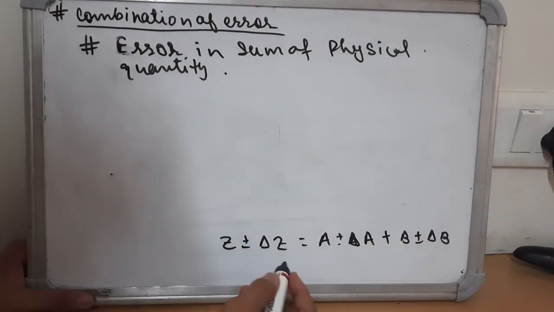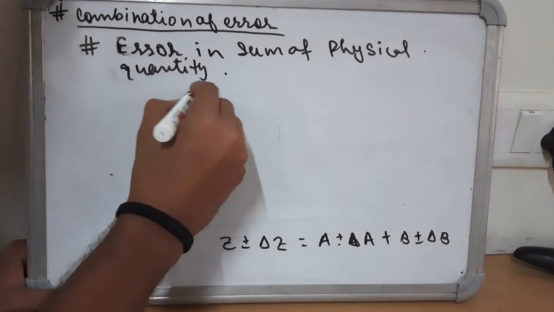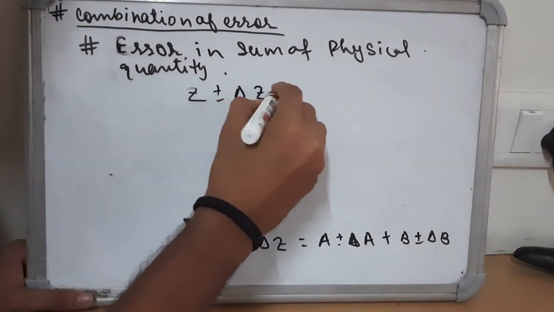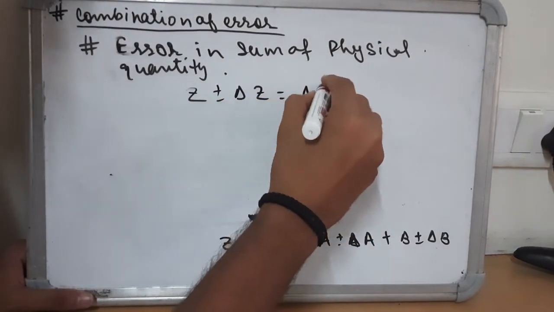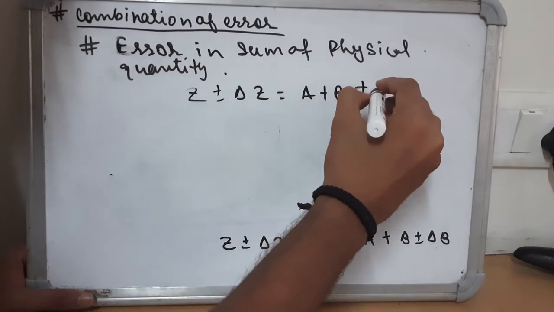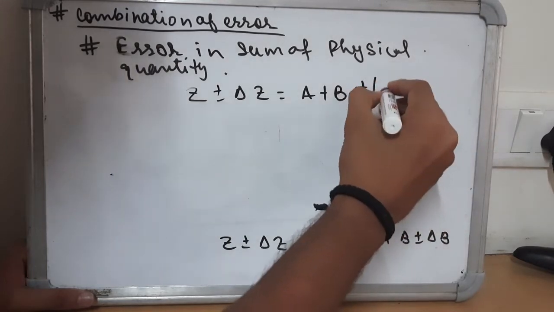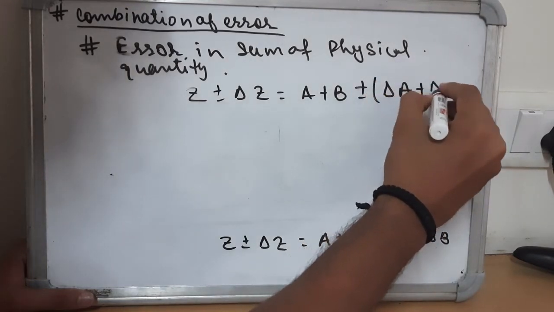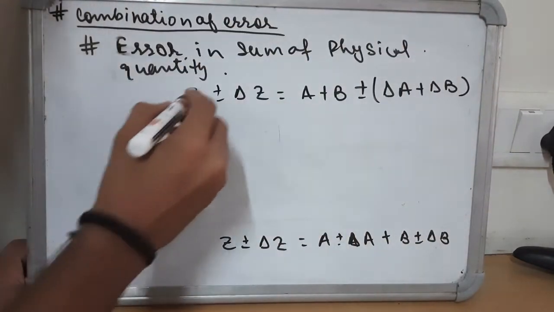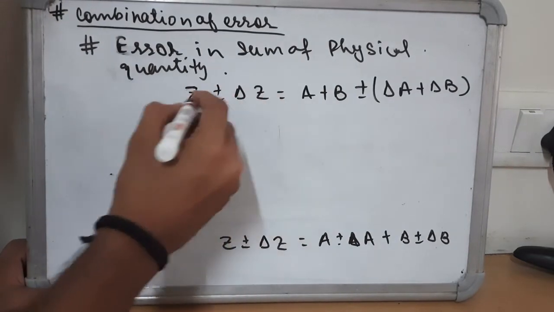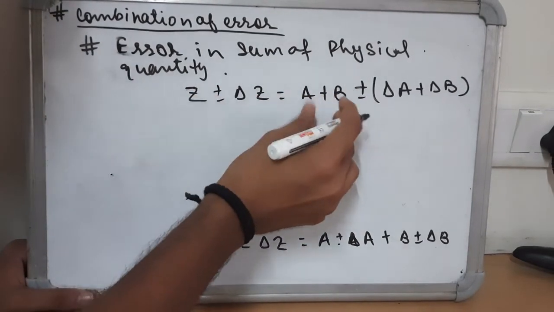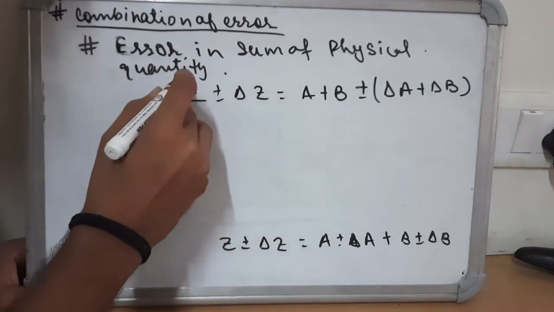Further, if we solve this expression, we will get Z plus minus delta Z equals A plus B plus minus, which can be taken as common from these two, so we can write delta A plus delta B. Now see, we have considered Z equals A plus B initially.